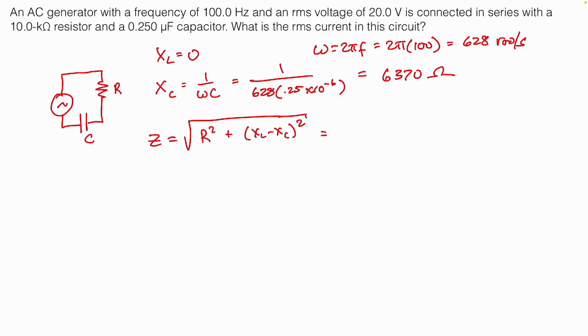The XL is 0, so that's kind of nice. So the resistor, 10,000 squared plus 6,370 squared. What happened to the minus sign? It's a negative sign. It's going to get squared, so who cares?